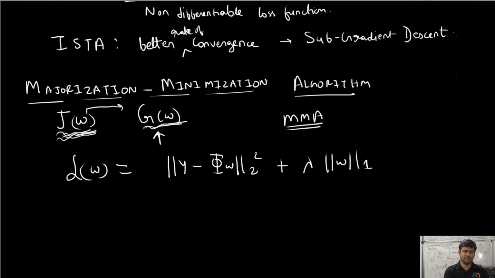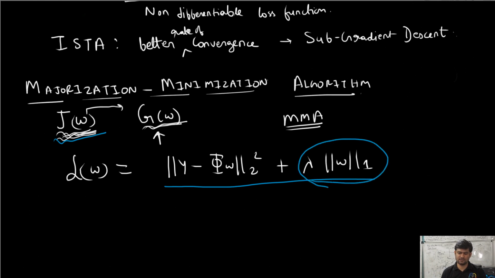So majorization and minimization is used when the original loss function is either too complex or difficult to minimize directly. In this particular case, the objective function of the optimization problem is not differentiable, because this term is not differentiable.